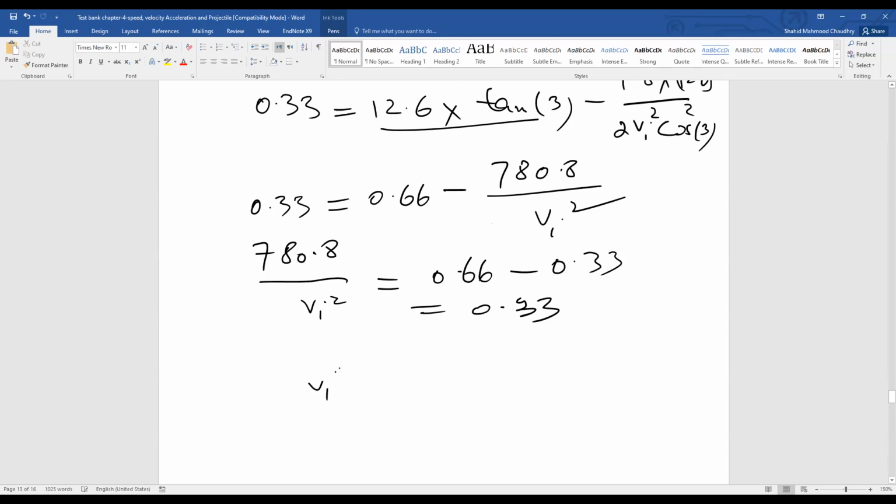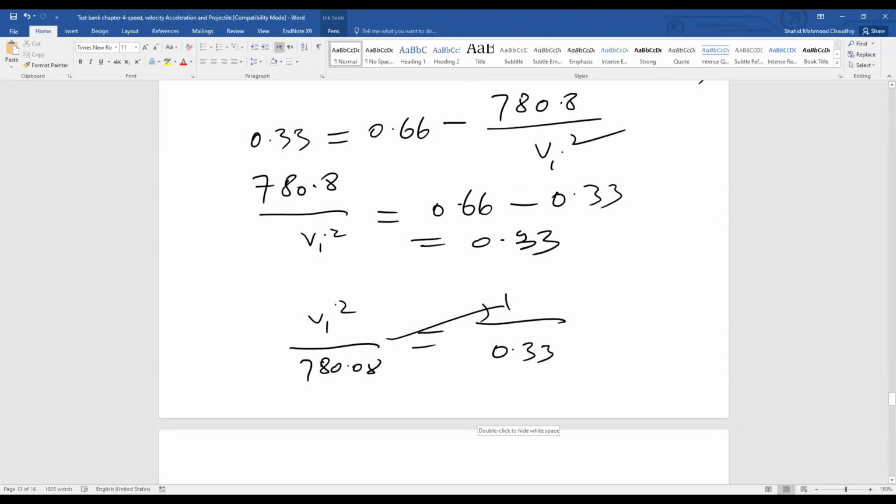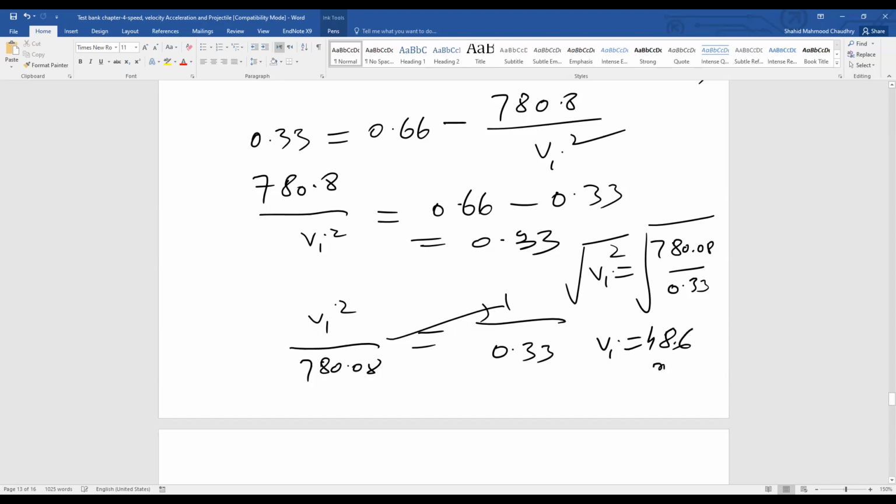After this, you can solve it. This is Vi square over 780.8. I just invert it. So this is 1 over 0.33. Now it will go here, and I'm writing the answer here: Vi square is 780.8 divided by 0.33, and you can take the square root, and the Vi value will be 48.6 meter per second.